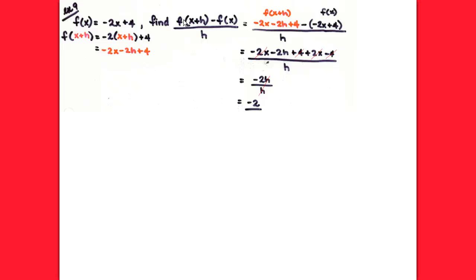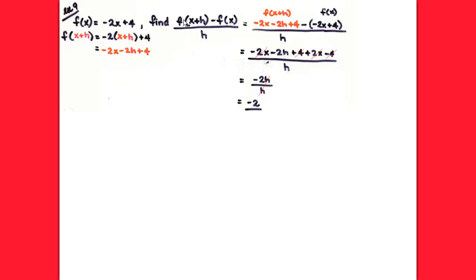If they asked me to find f of t, I put t in the place of that x. They asked me to find f of 2 plus x, I put 2 plus x in the place of that x. We said if they asked you to find f of smiley face, you would put smiley face in the place of that x. So when they say find f of x plus h, that just means put x plus h in the place of that x.